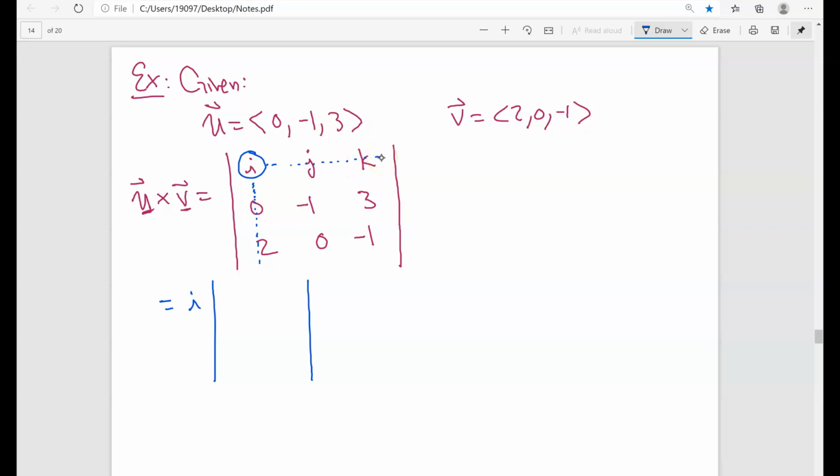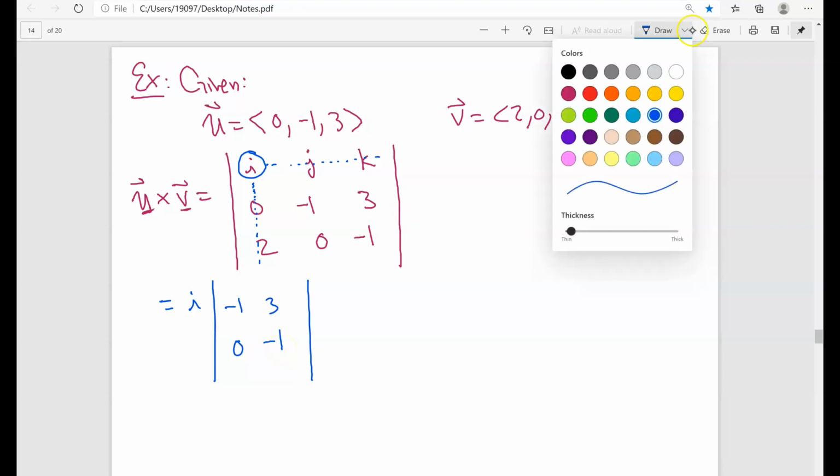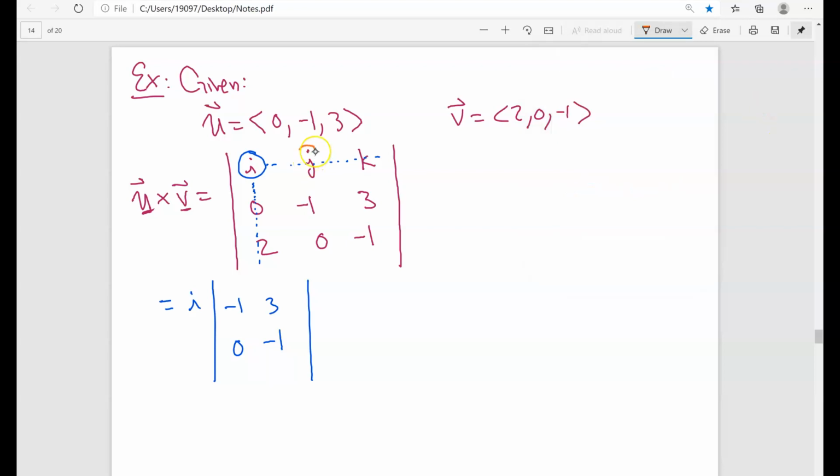So we're going to take this minor, the -1, 3, and this 0, -1. Okay, so we're going to take those numbers. It's just a really weird way to do it. Then it's going to be j's turn. What's going to happen is that the signs alternate. This was positive, now this guy's going to be negative.